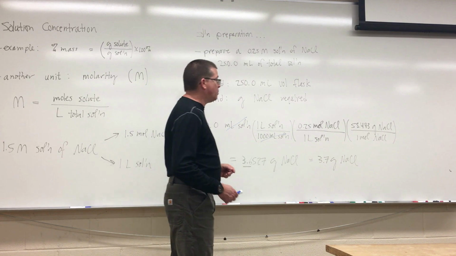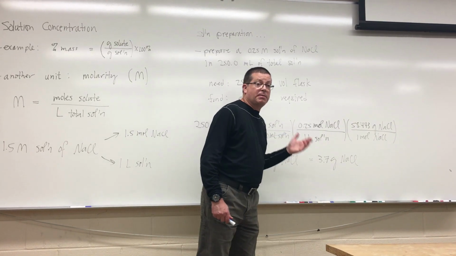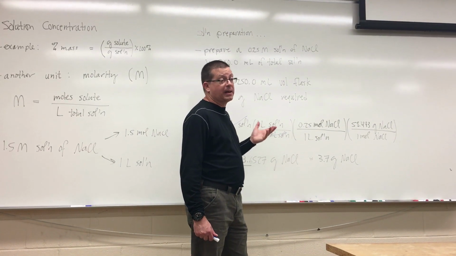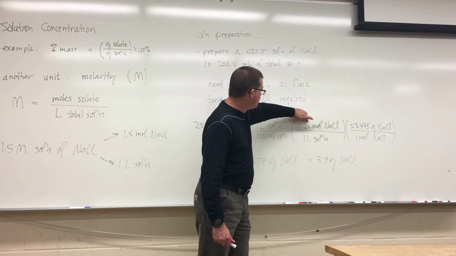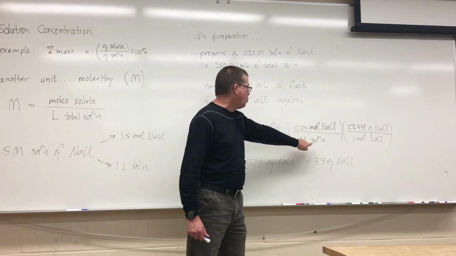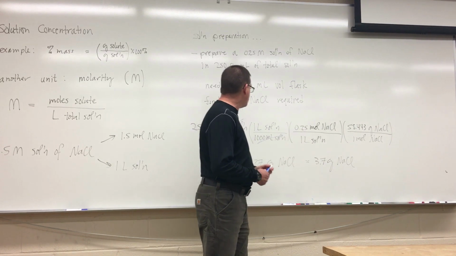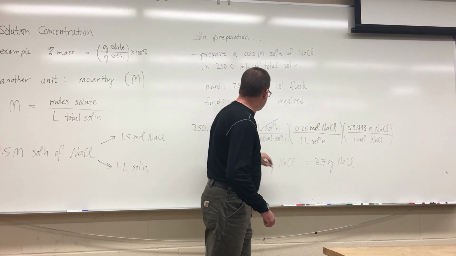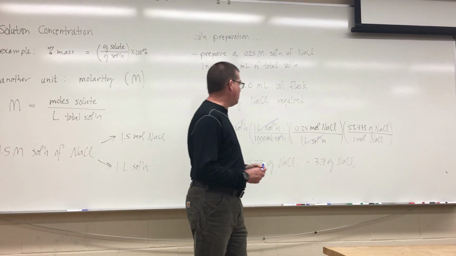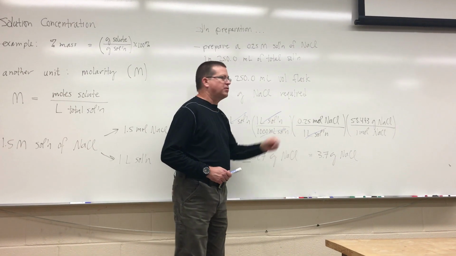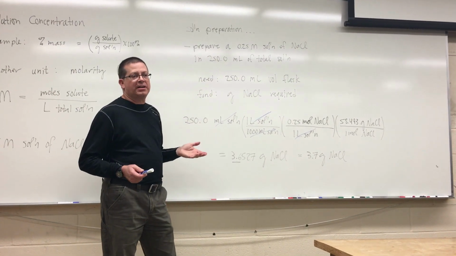Then we're going to multiply by the molarity, expressed based upon its absolute definition, which is 0.25 moles of sodium chloride per 1 liter of solution. What does that do for us? It allows liters of solution to cancel out. So now I've got the number of moles of sodium chloride that I would need to prepare that solution.